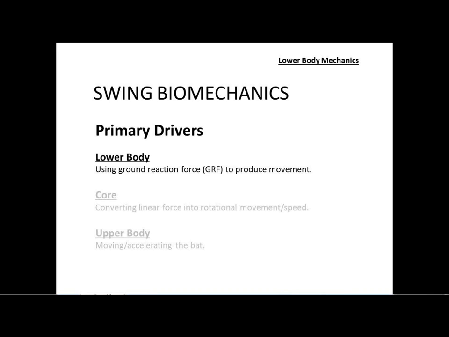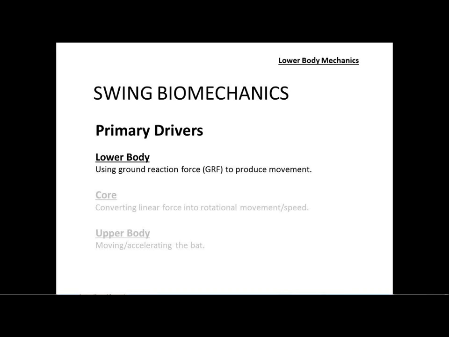It occurs first in the sequence, so if things go wrong there, you're already compensating as you move down the chain. So lower body is incredibly important, and to some degree the absolute foundation of the primary drivers.